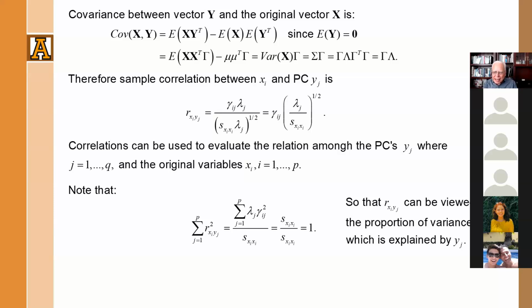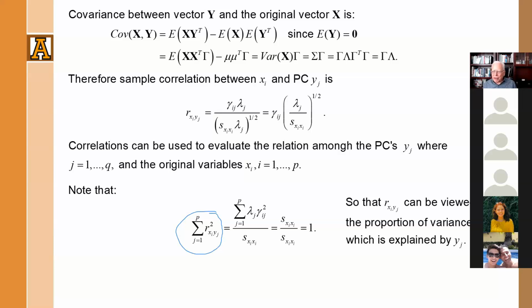So r xi yj, we can view this quantity as the proportion of variance of xi which is explained by yj.